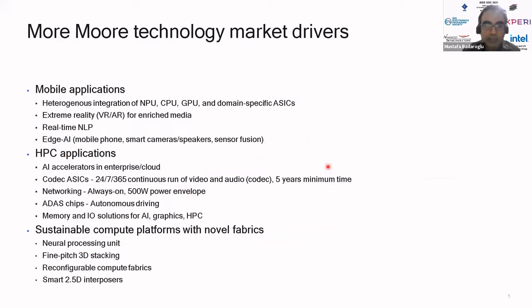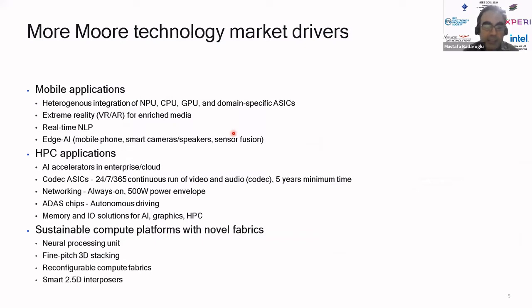So if you look at the market drivers of the more technology, you have one set, which is mobile application. You see a convergence of a lot of heterogeneous integration of a lot of cores, like neural processing unit, as I mentioned in the previous slide, CPU, GPU, and domain-specific accelerators for applications like sensing or biometrics.